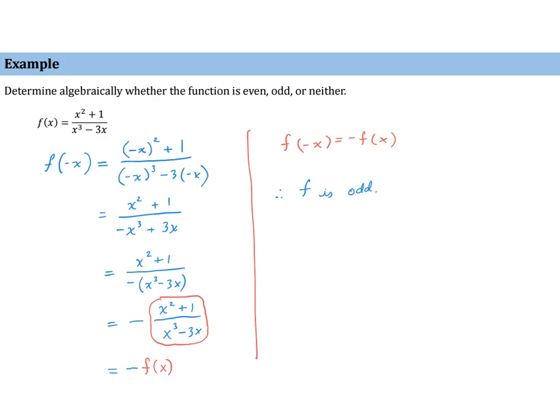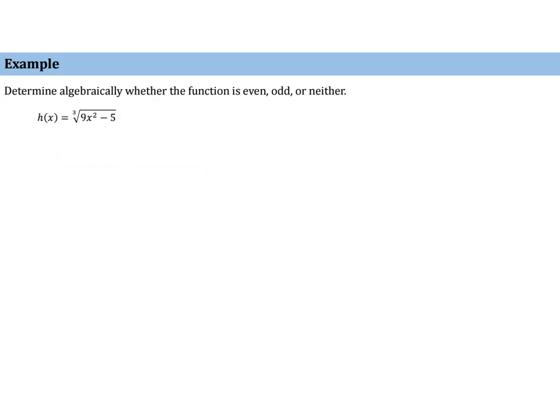Now let's look at another example. Again, we will substitute in -x for x. So we have the cube root of 9 square of -x minus 5.